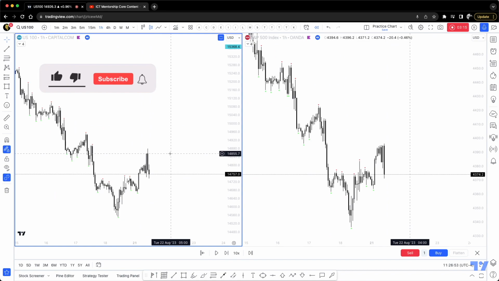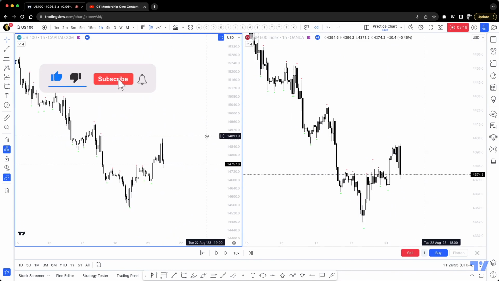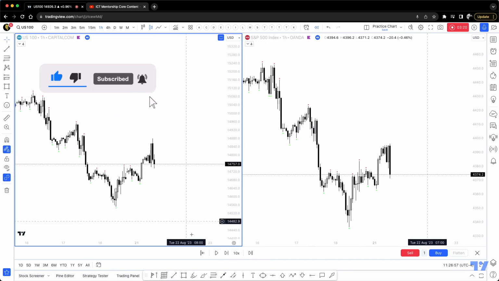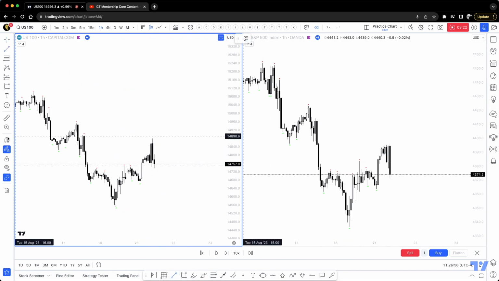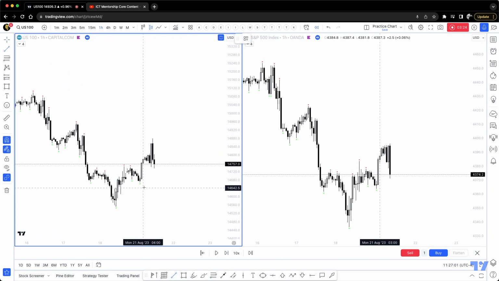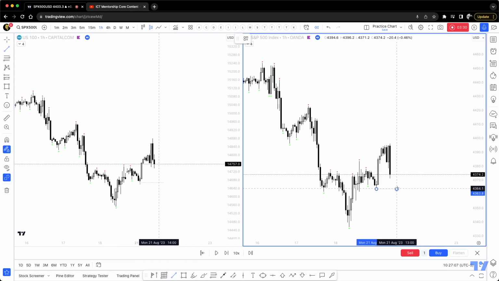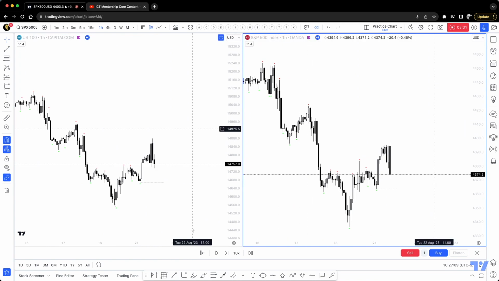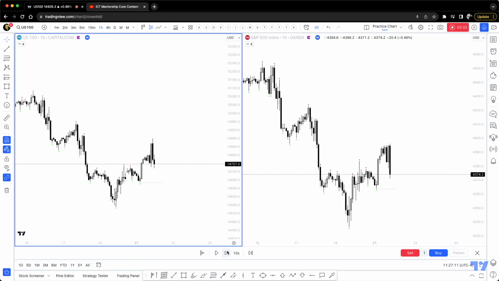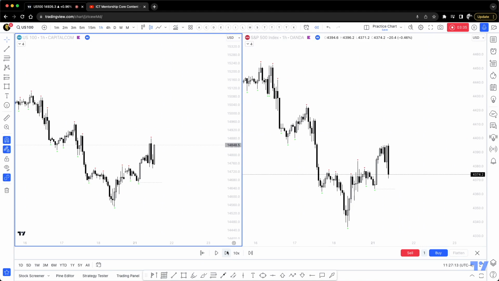Since I'm on a 1 hour, what I can clearly see is that this low right here is this low. So I'm waiting for price to start doing its thing.